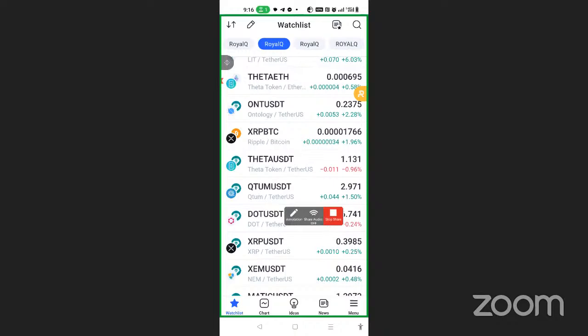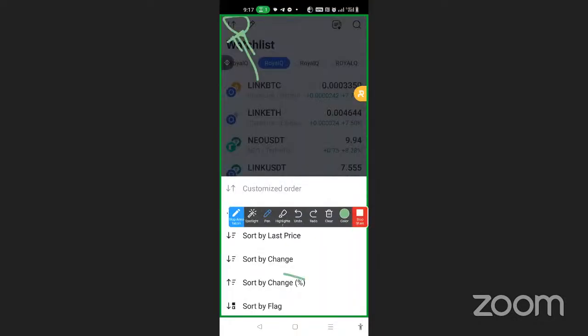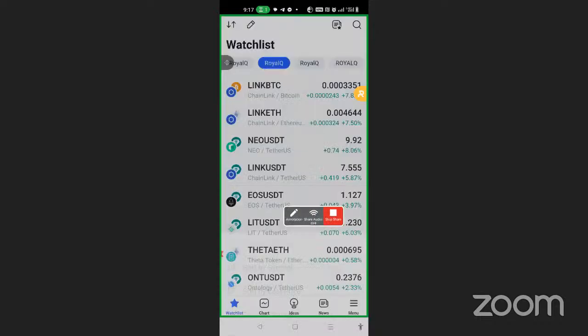After you have done that step of creating your watch list, the second step, ladies and gentlemen, is to come to your top right corner, tap on those figures and sort by percentage change. This will help you sort these coins according to their performance in the market and give you the power to choose where to start choosing the coin you want to trade.